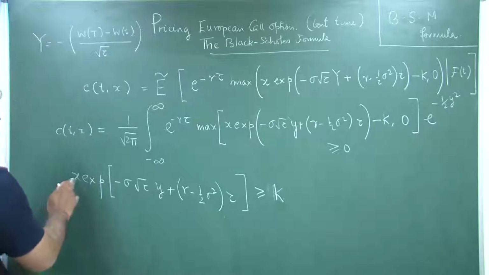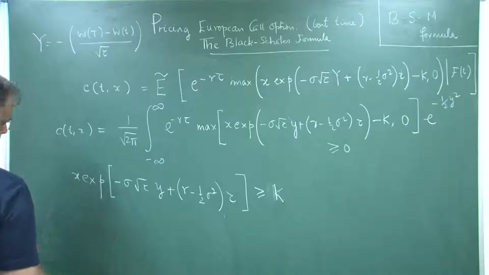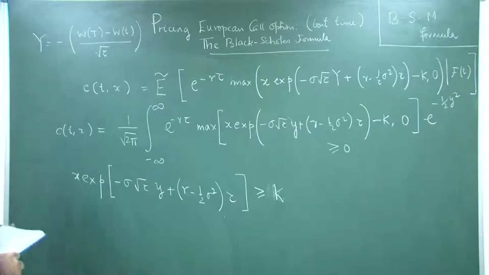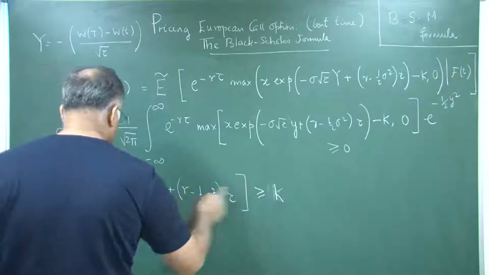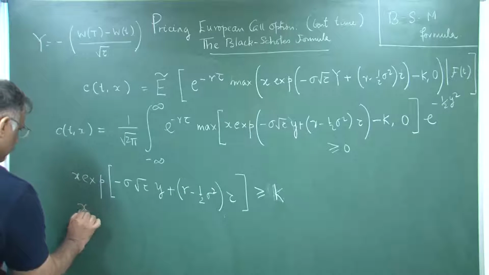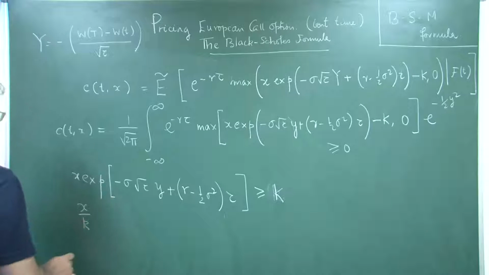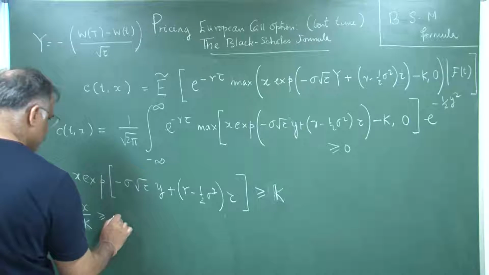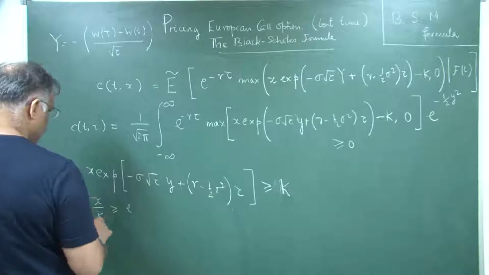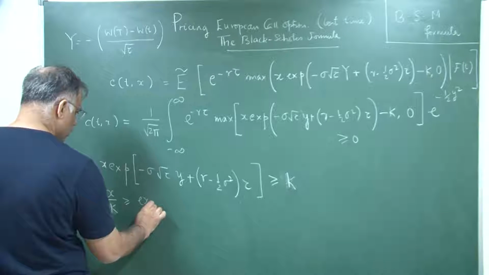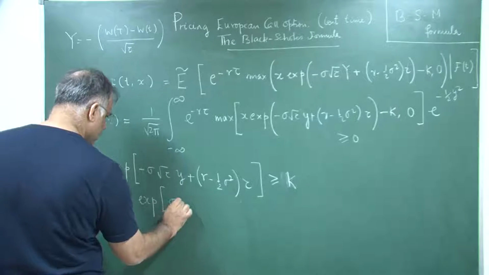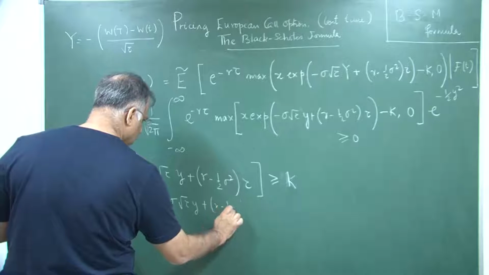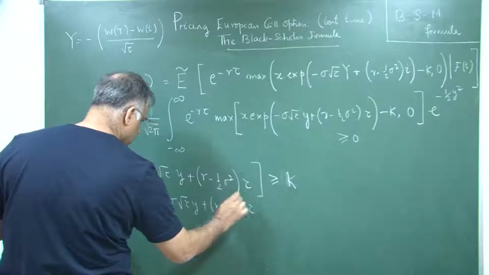So, I can take x, assuming that x is non-zero, of course positive for the time being. I can also bring this here, so x over k is greater than or equal to e to the power minus sigma root tau y plus r minus half sigma square tau.